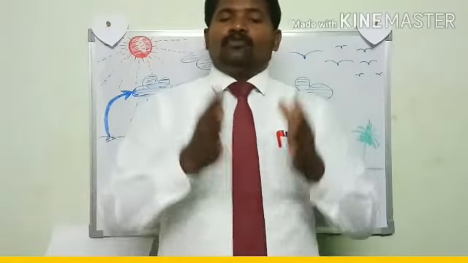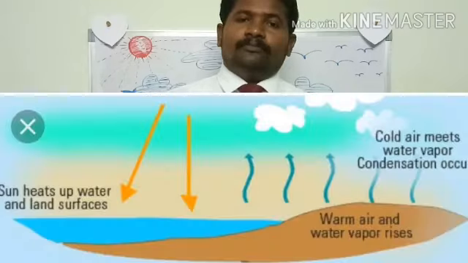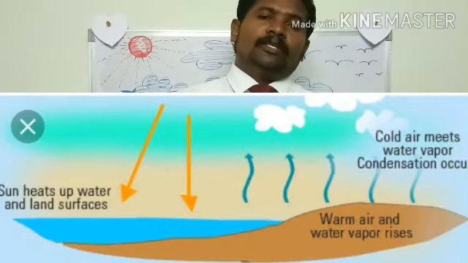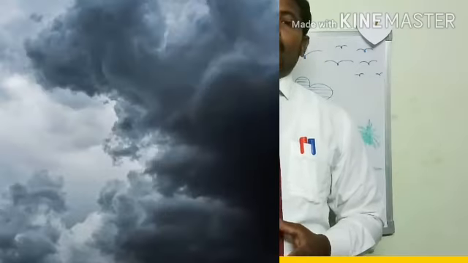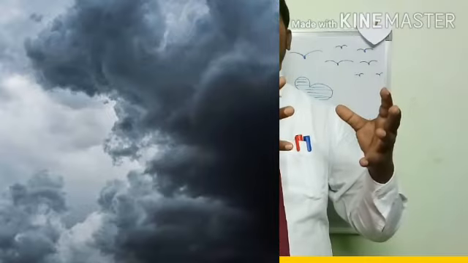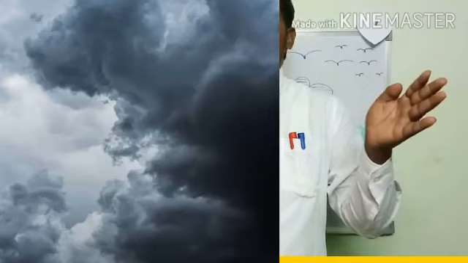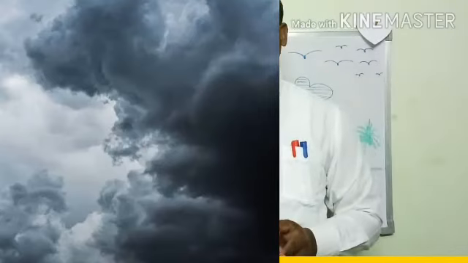Likewise, while these water vapors are moving through a cold region, they lose some of their heat energy to the cold surroundings. Then those water vapor particles become slow. They are not able to move further. Then they slowly come close to each other and form tiny water droplets.